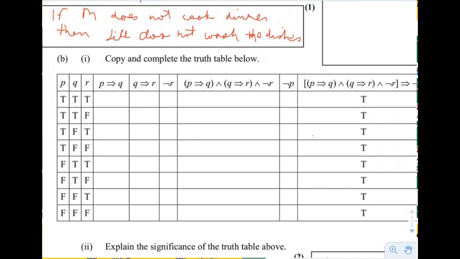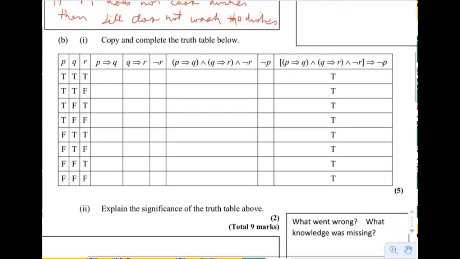Okay, so this is just like a pure truth table problem. It's kind of challenging because it's got the implications in it. And the implications, remember, true goes to true. Now, if true goes to false, then that would be invalid, because when the first part is true, then the second part must be true.